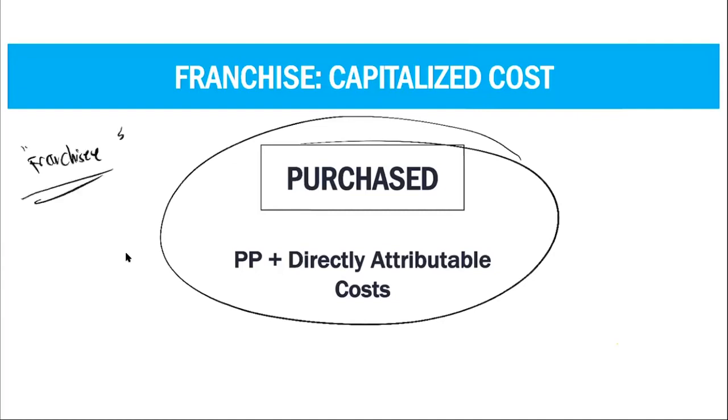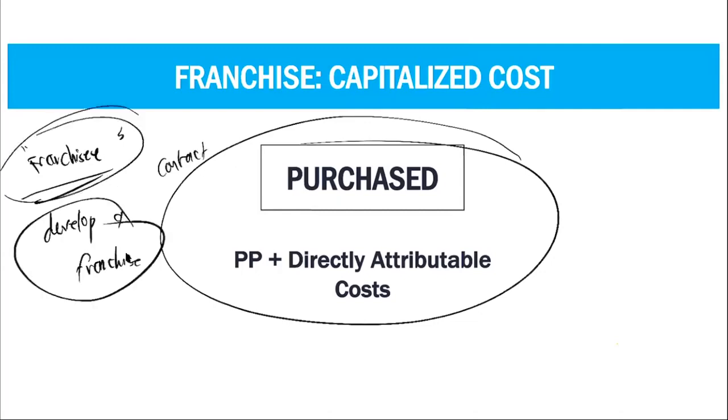Being the franchisee, take note guys, you cannot develop a franchise, because it is based on a contract. Therefore, the franchisee can only purchase it through the contract. So how do we account for it? Purchase price plus directly attributable cost is still the same.